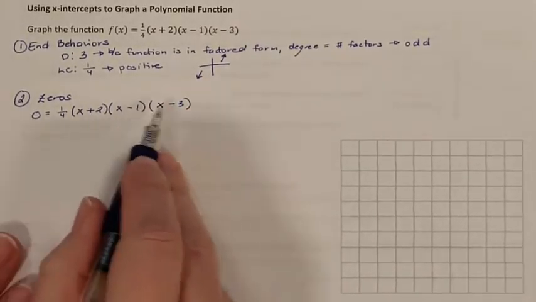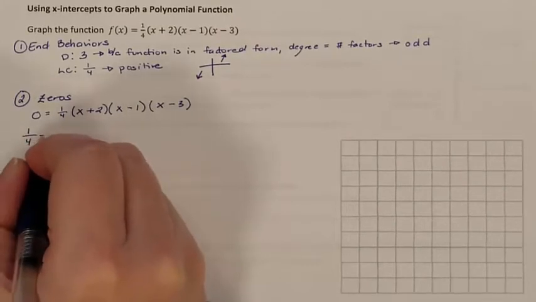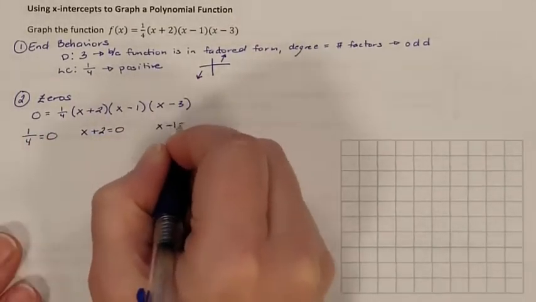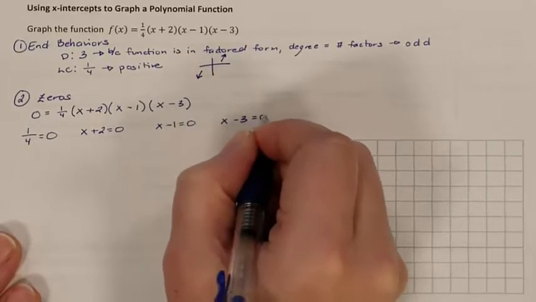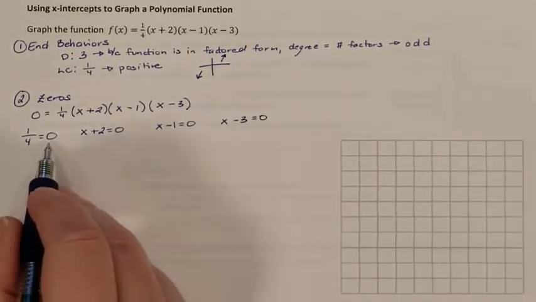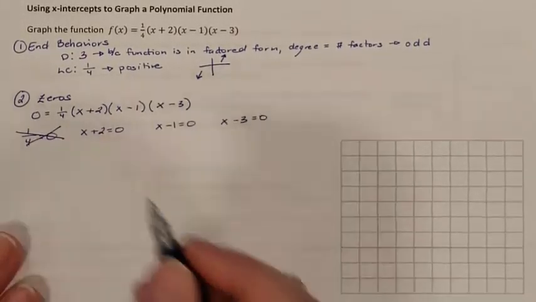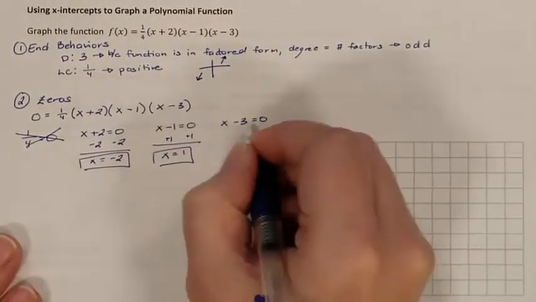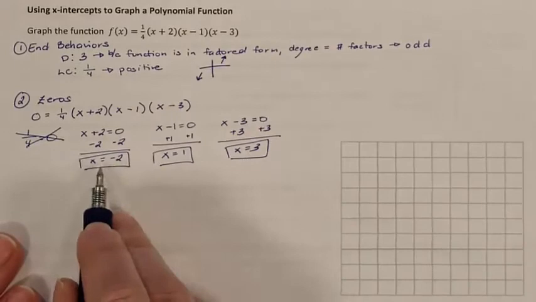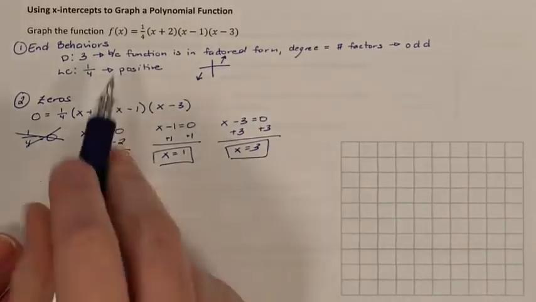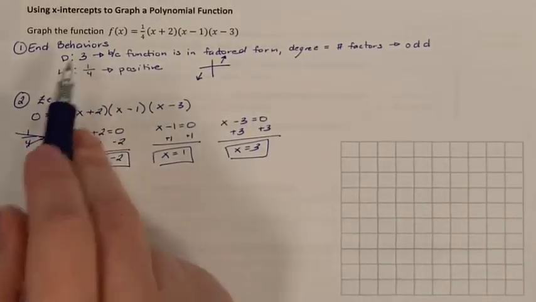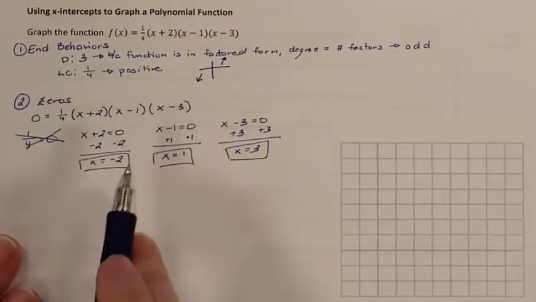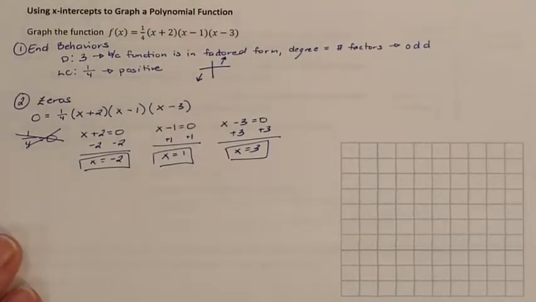So now every single one of these factors is going to equal 0, and we're going to solve for x. Because there's no x variable here, you can't solve for x, so he is not a 0. I found 3 answers, and I know I was supposed to find 3 answers because my degree is 3. The number of the degree will match the number of solutions that you found.